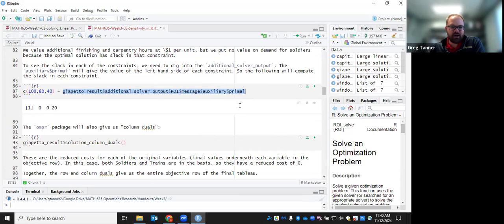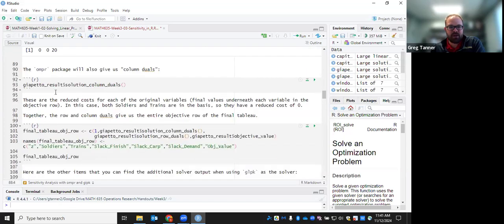The other solver that we'll look at, lpsolve, won't give you the constraint left-hand sides. And so if you want to get the slack, you'll have to extract the constraint matrix and multiply it by your solution vector. I didn't show an example of that, but I'll leave that to you to try out.